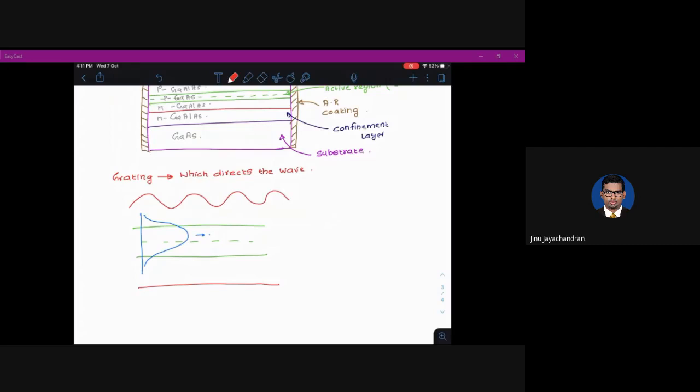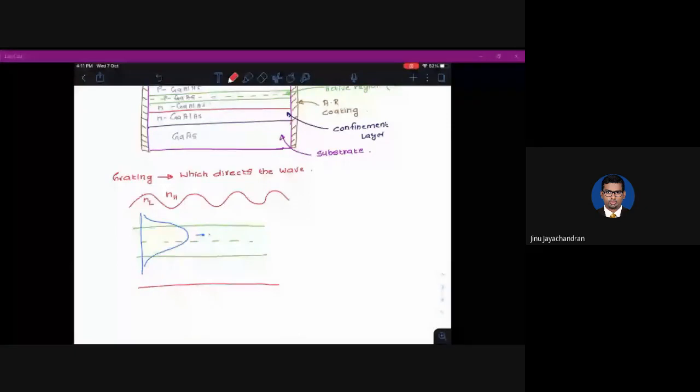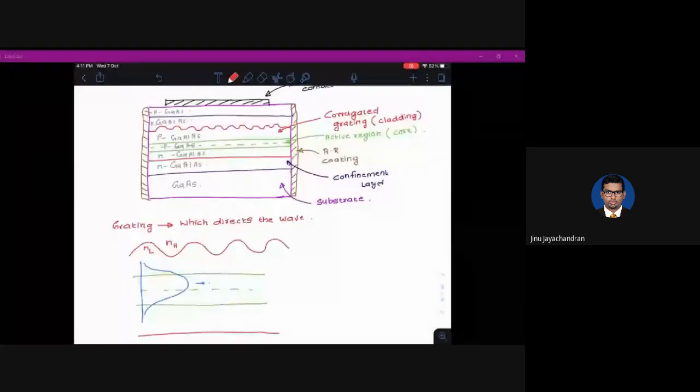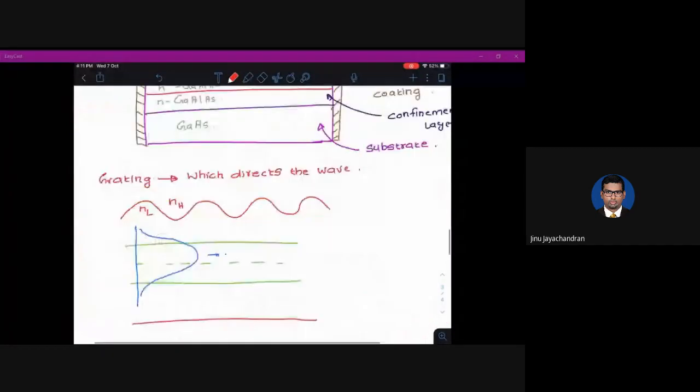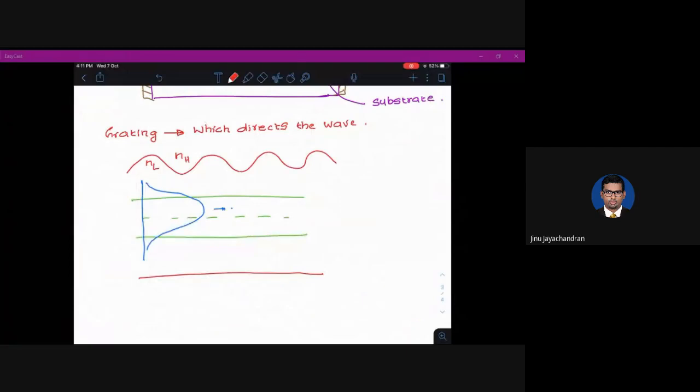the trough will have a high refractive index and the peak will have a lower refractive index. That means this trough will have a higher refractive index because of the p-type gallium aluminum arsenide with a different composition, and this part will have a lower refractive index. So when the wave moves along this active region with its tail on the cladding, it sees different refractive indexes as it moves.